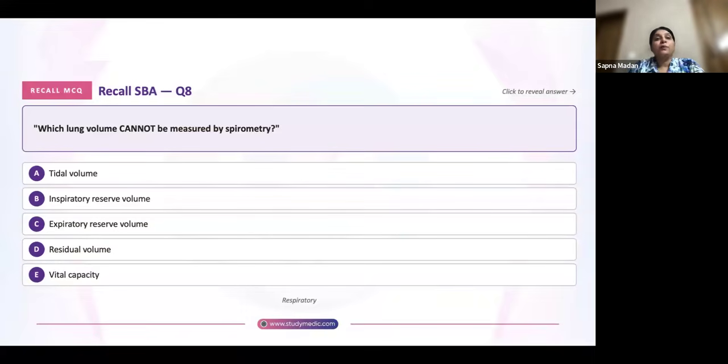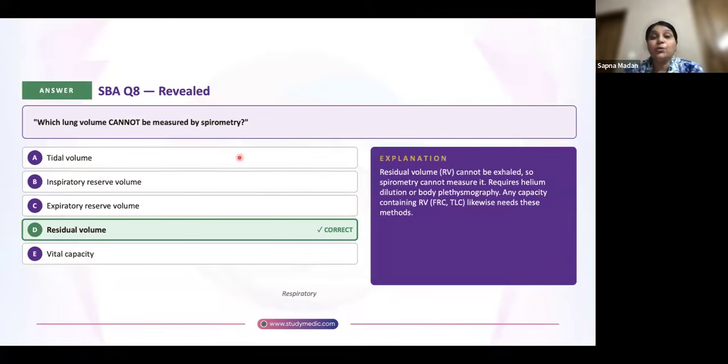Which lung volume cannot be measured by spirometry? Is it the tidal volume? Is it inspiratory reserve volume, expiratory reserve volume, residual volume, or vital capacity? So what is it? It is residual volume.